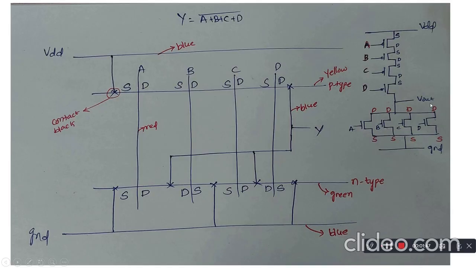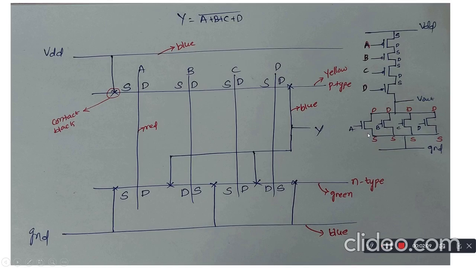So we have to draw the stick diagrams. For the stick diagrams, we have to mark the source and drain of the MOSFETs. First, the NMOS transistors: the side which is connected to ground we have to write as the source, and the side which is connected to the output represents the drain.